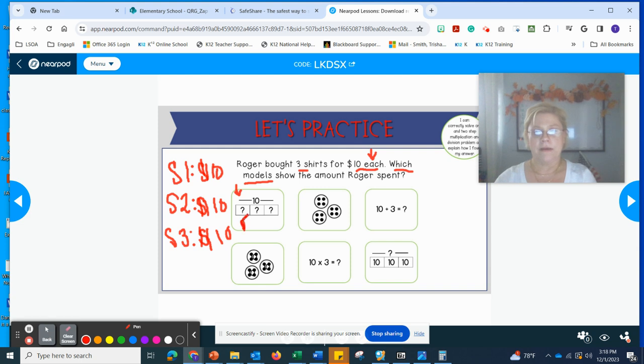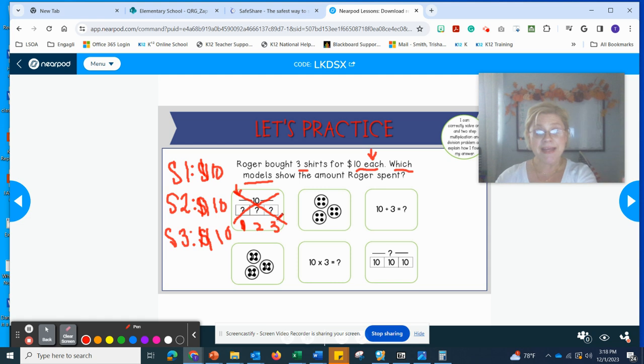Each of those would be how much for each of those shirts based off of breaking apart 10. That's not what we're looking for, because 10 is not our total amount. So we can get rid of this one.